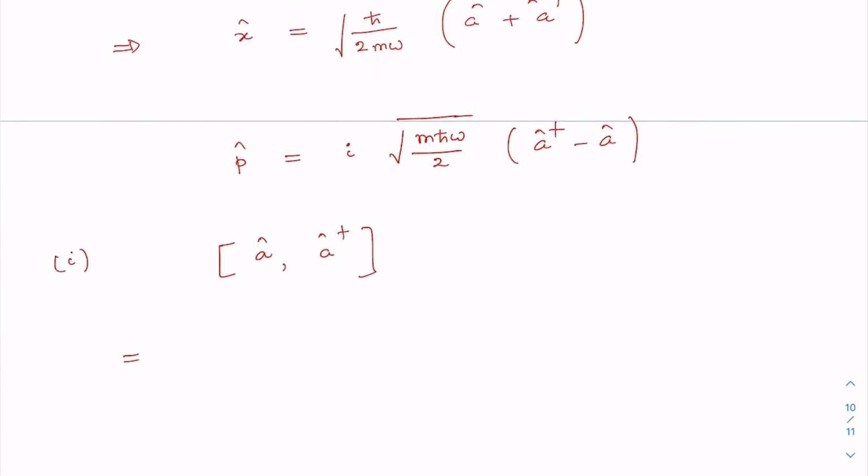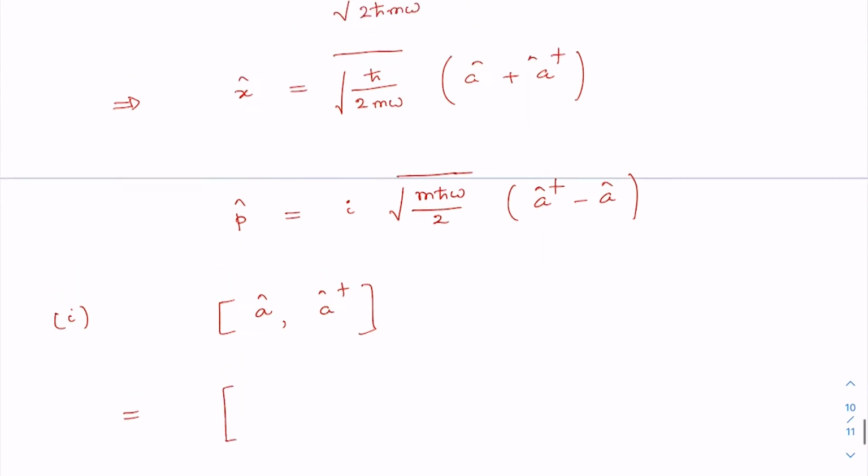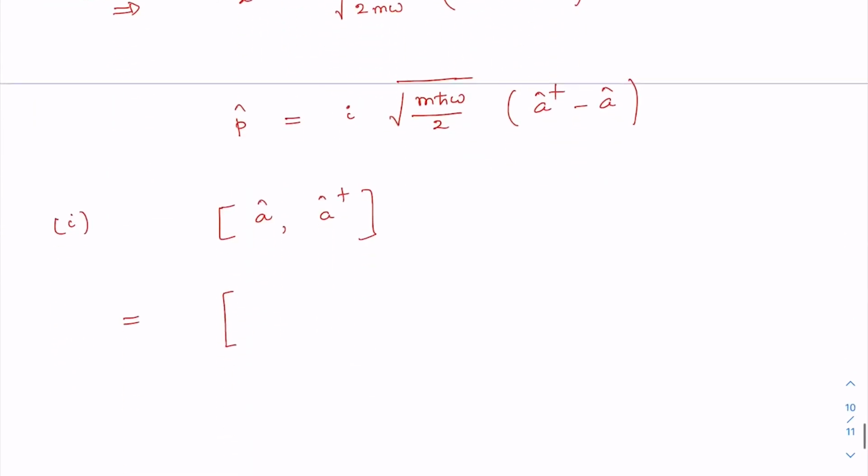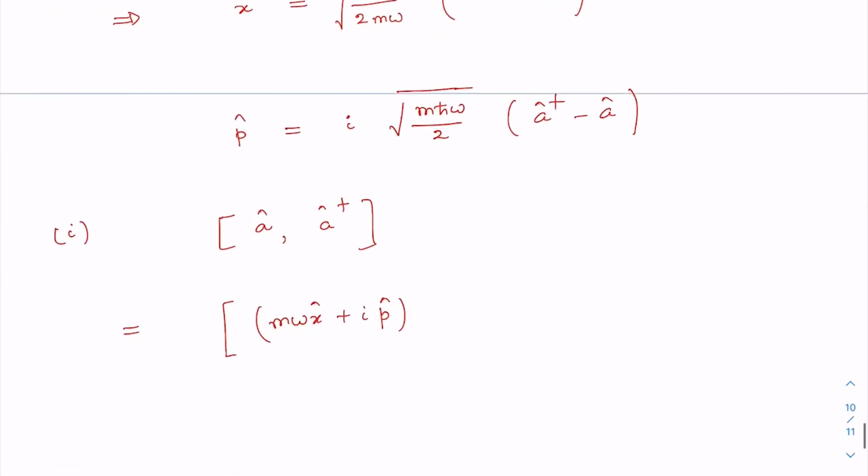Okay, now for the first relation, A A dagger. If I put the expression for A and A dagger, then I have here A is equal to m omega x cap plus iP. Then the factor of 1 by twice h cross m omega, let me take it outside.